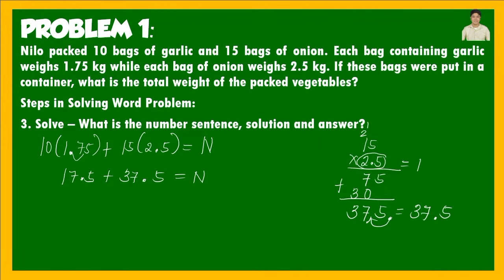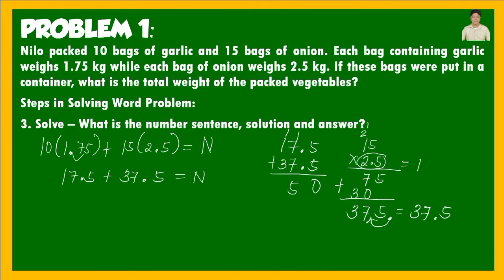So, dito naman natin papakita yon. So, 17.5 plus 37.5. 5 plus 5, that is 10. So, we write 0 and then carry 1. 7 plus 7, that is 14. Plus 1, 15. So, sulat natin 5 and then carry 1. 1 plus 3, that is 4.